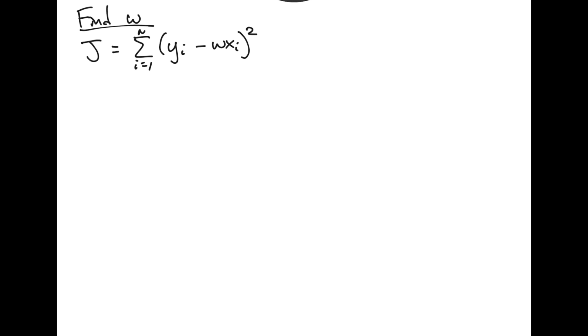Okay, so in order to solve this, we're going to write down our loss function once again, and we're going to replace y hat sub i with w times x sub i. So we know that y hat sub i is equal to w times x sub i. The next step is to find the derivative, so we'll write dJ by dw.